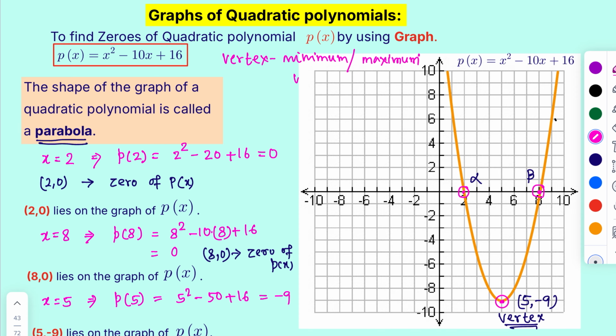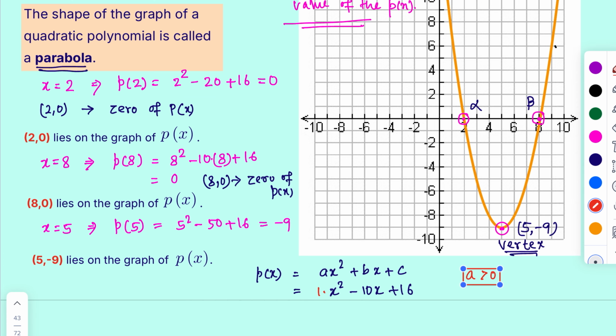Here the coefficient of x square is 1, that means a is equal to 1, so a is greater than 0. If a is greater than 0, the graph is opening up. You have to remember this one. If a is greater than 0, the graph opens up and we will have the minimum value of the parabola, minimum value of p of x.